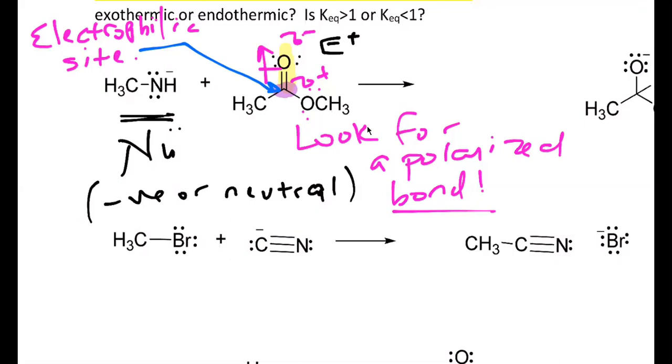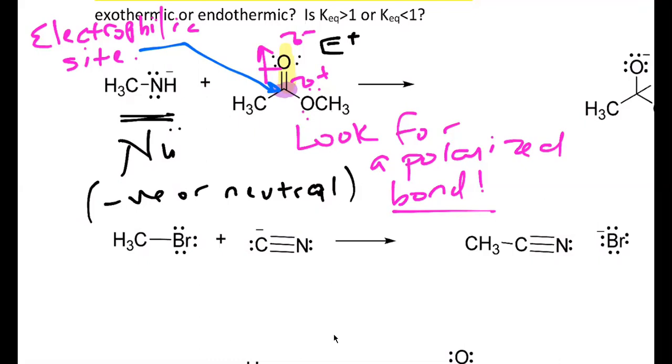We call it something else. Proton transfer? No, it's not proton transfer. That's happening with the acid and the base. It's a source, right? It's a source of electrons, and the electrophile is a sink for electrons. Y'all remember that from the other day?